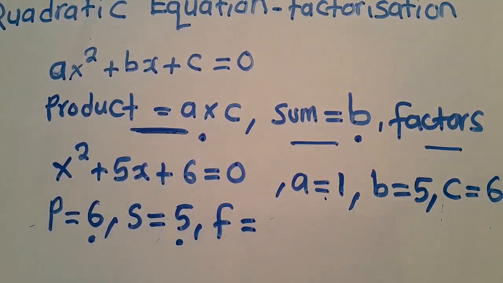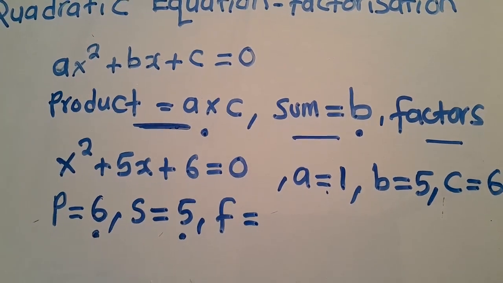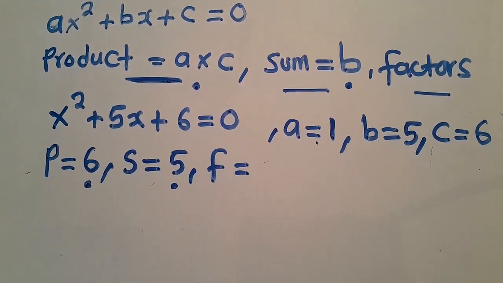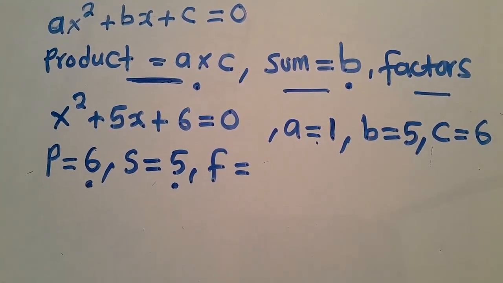So you begin to think of numbers that you can multiply to get 6. Tell me all those numbers. I want to teach you how you can come up with the factors, because this is a challenge to most of you.